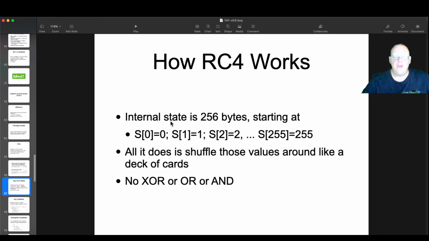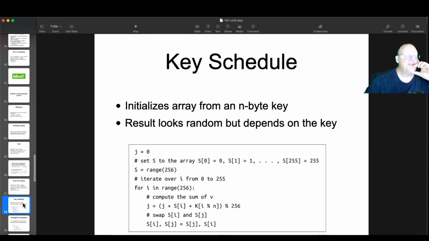You have an internal state, which is 256 bytes, and you start with each one of them equal to the number of the byte, from 0 to 255, and all you do is shuffle those bytes like a deck of cards. You have a key, and you take this key and swap certain bytes.